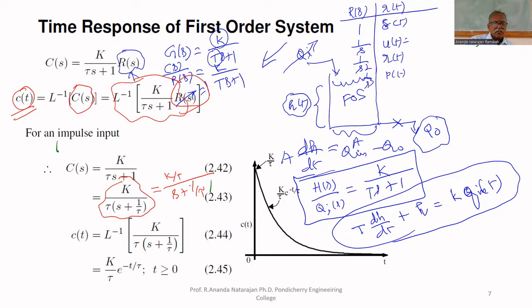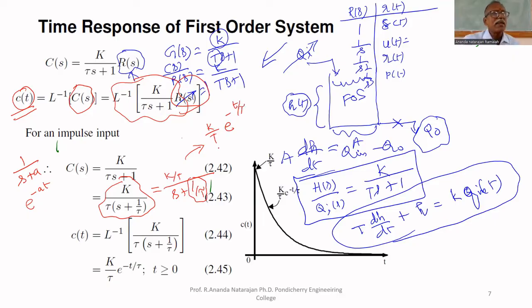If you take the Laplace inverse, k by tau is a constant, times 1 upon s plus a. What is the Laplace inverse of 1 upon s plus a? e power minus at. Here, instead of a, it is 1 by tau. Therefore, you will get e power minus t by tau.